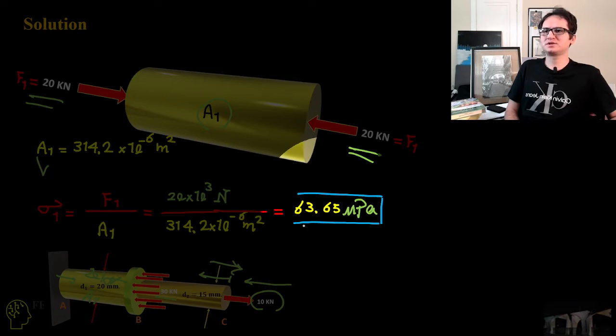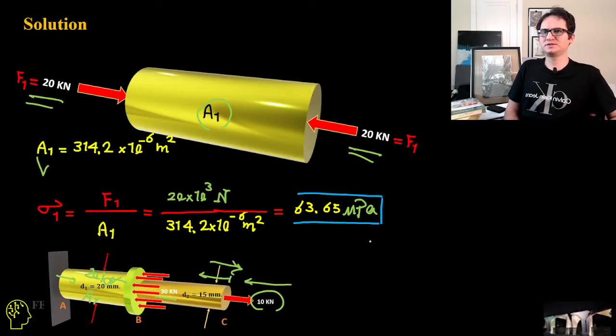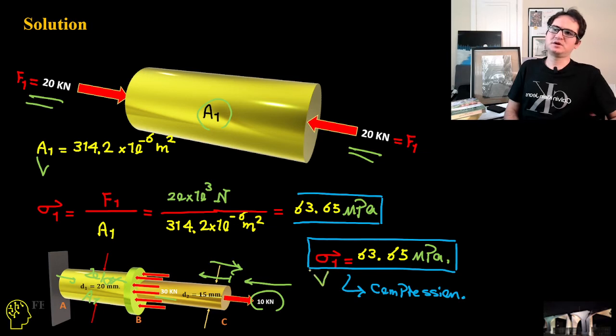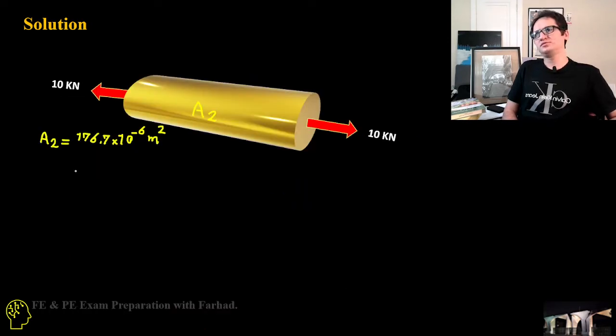It gives us sigma 1 equal to 63.65 megapascal, where pascal is newton over meter squared. Sigma 1 is a compression of 63.65 megapascal. For area 2, it's simpler because it just has a 10 kilonewton force at its ends.